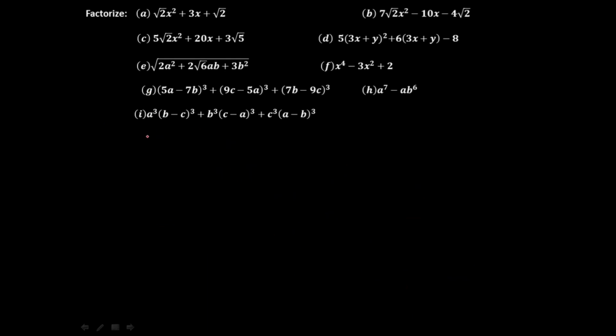Second part. The second part is 7 root 2 x square minus 10 times x minus 4 times root 2. Sum should be b. b is what? Minus 10. And what should be the product? a times c. 7 root 2 times minus 4, that will be minus 56. Now think of two such numbers whose sum should be minus 10 and product should be minus 56.